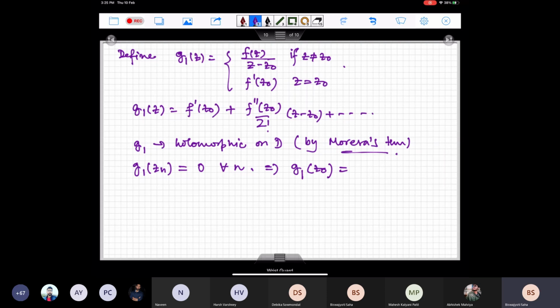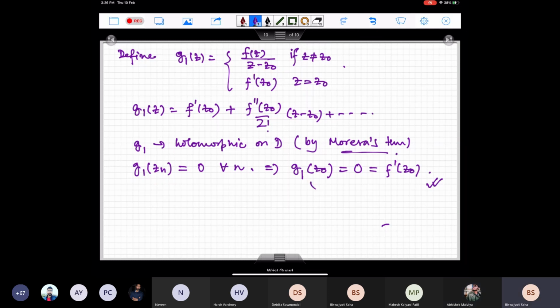What is g1 of z naught, therefore? If zn goes to z naught and g1 of zn's are all 0, then g1 of z naught will be f prime of z naught, that is by definition, and it's equal to 0 because my zn converges to z naught. Is this last line that I wrote clear to all of you?